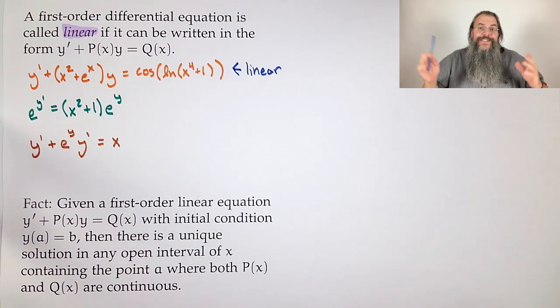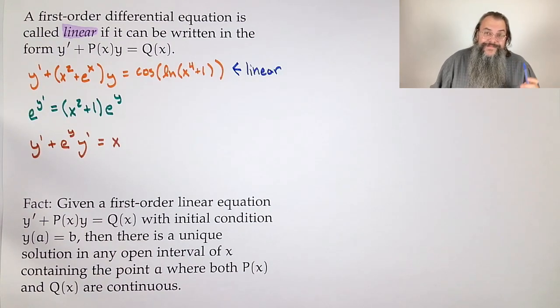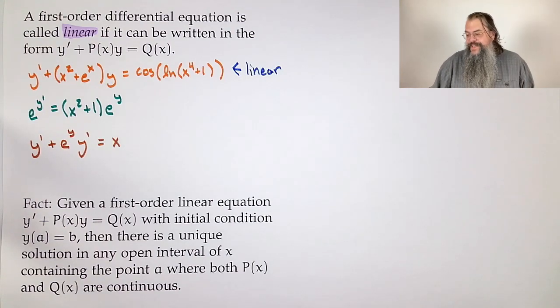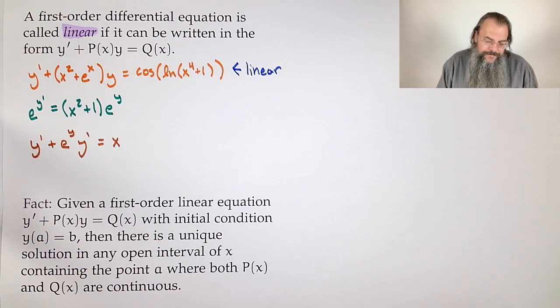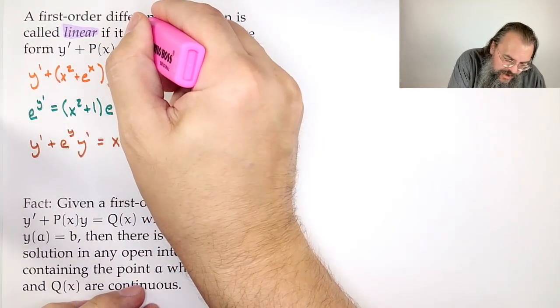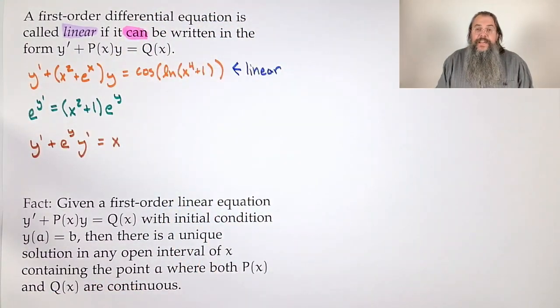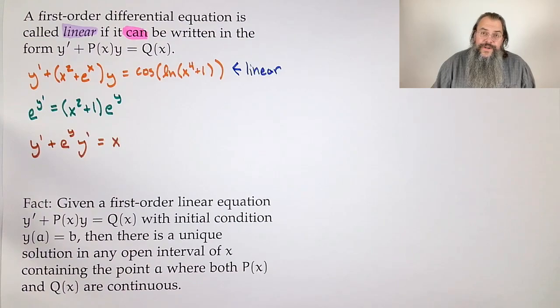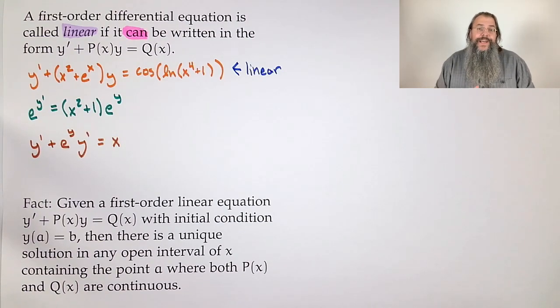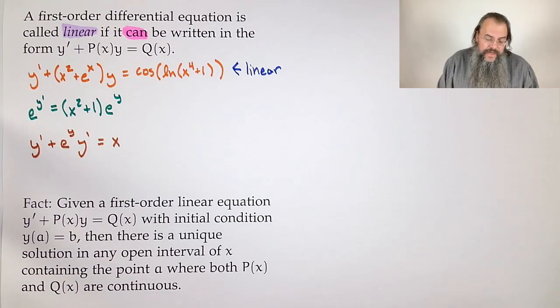So it must be that it's not linear. Except there's a key word here. This word can. It can be written in the form. So now the question is, is there a way for us to manipulate this expression so that we do have it in the right form?